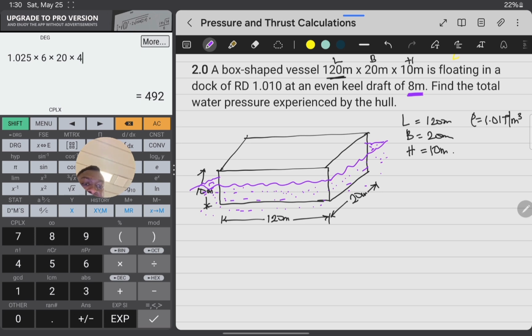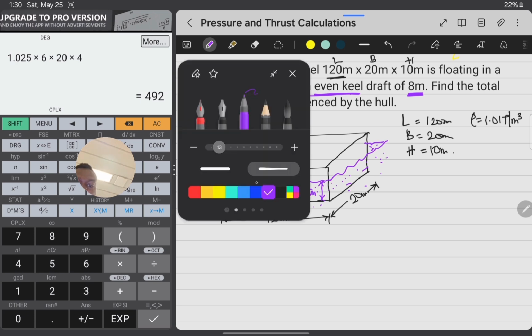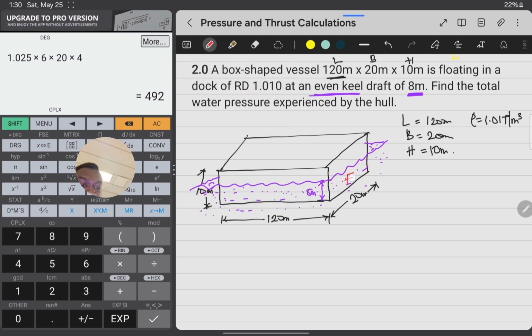So that automatically tells us that the draft is 8 meters, like that. Remember the word even keel. So if we say this is the forward, this is the aft, this becomes the starboard, and the other end here we have the port. So on all sides it's 8 meters draft.